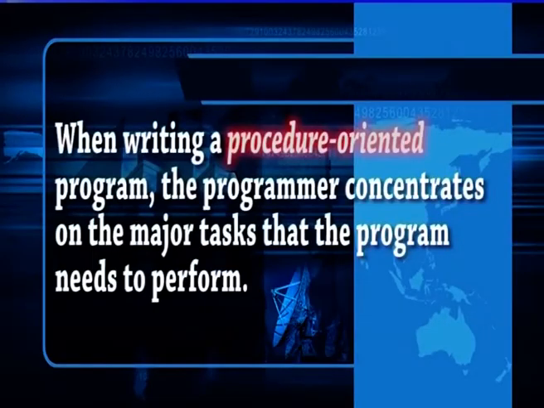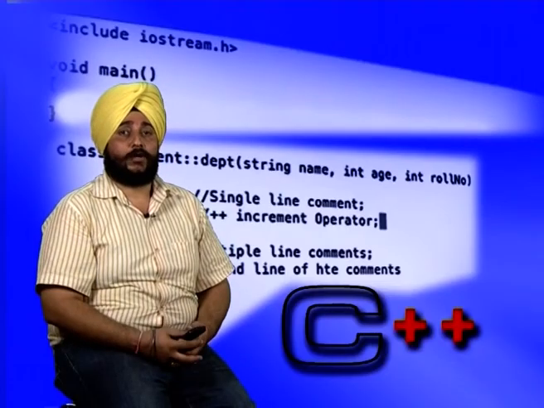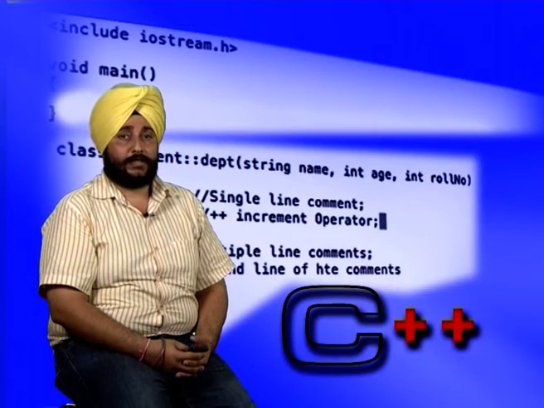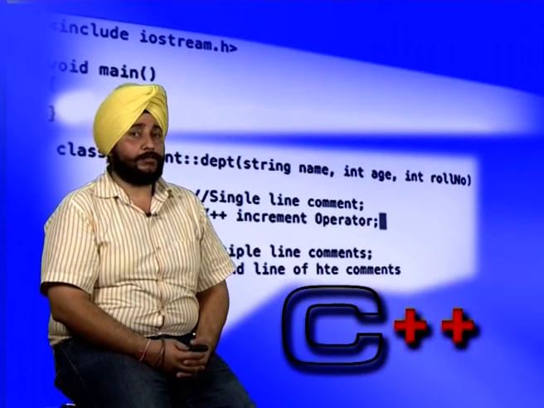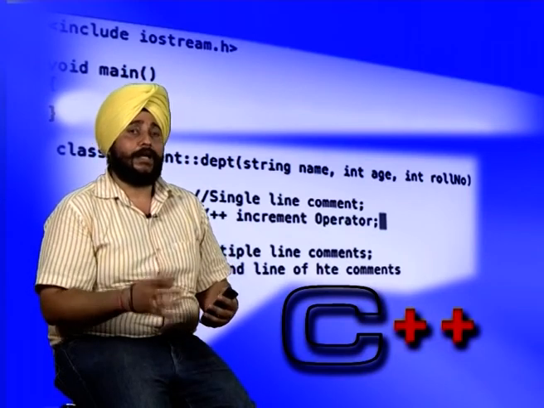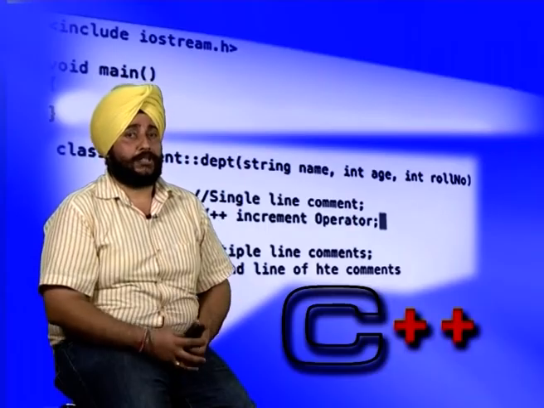When writing a procedure-oriented program, the programmer concentrates on the major tasks that the program needs to perform, like a payroll program, which typically performs several major tasks such as inputting the employee data, calculating the gross pay, calculating the taxes, calculating the net pay, and outputting a paycheck.